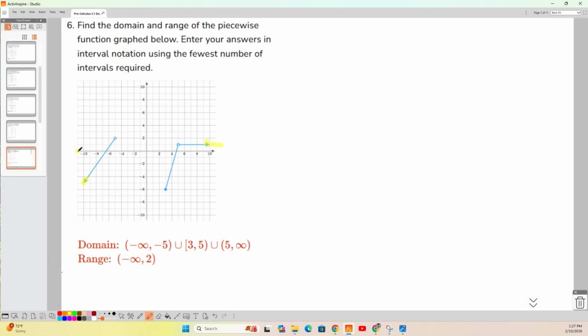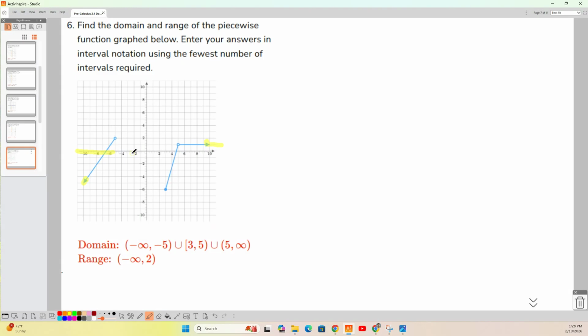So I'm coming from negative infinity, graph exists. I'm looking at the x's, and then I stop when I get to -5 because of this open circle here at the x value of -5. So we go from negative infinity to -5, but we're not including -5 because there's an open circle. So that value of x is not included.